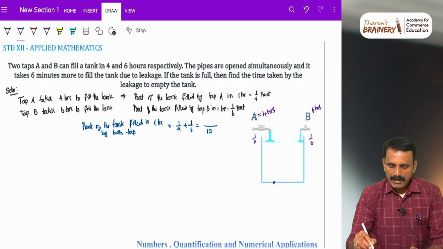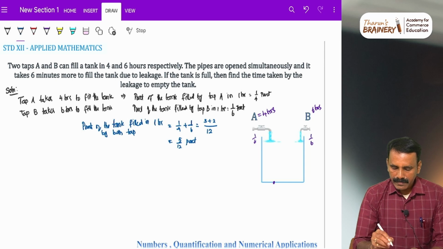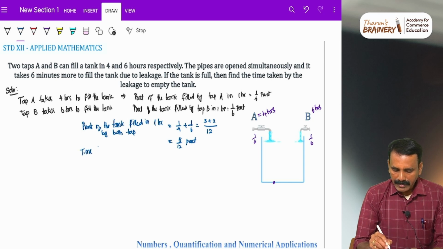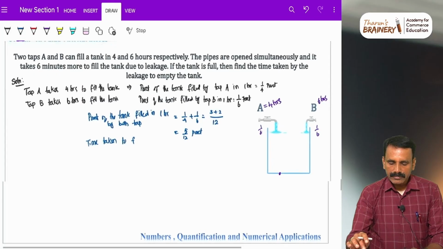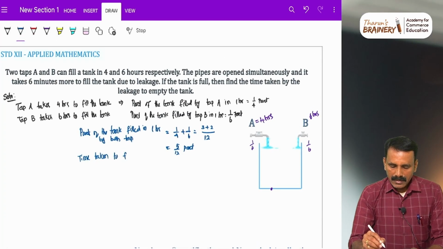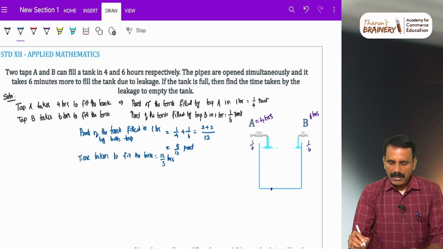So, this is 3 plus 2, so it is 5 by 12 part. Here it is the part of the tank which is filled in 1 hour. We are going to find the time now. Time taken to fill the tank will be 12 by 5 hours, and it is in hours.